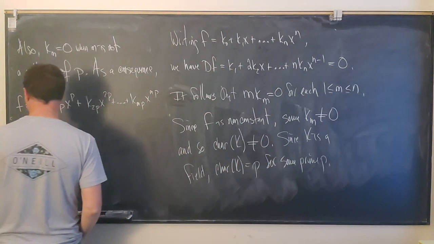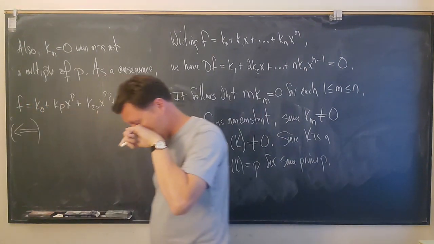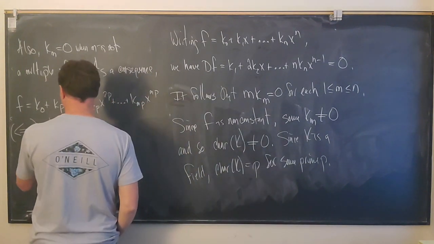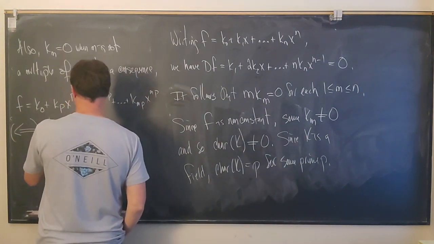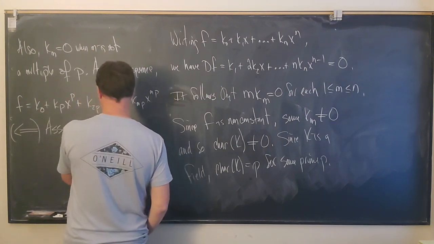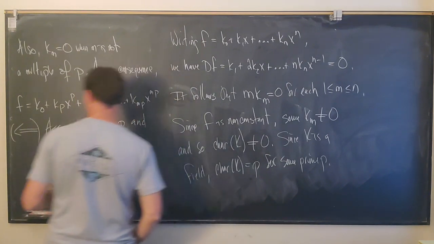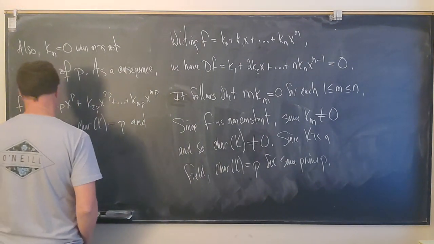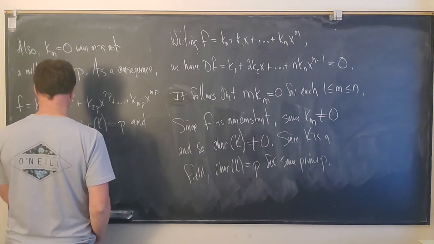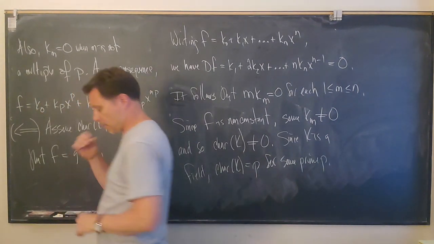Okay, so now in the reverse direction, let's assume that the characteristic of k is equal to p, and that f is equal to g of x to the p.